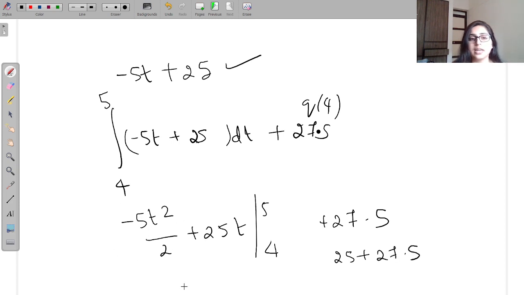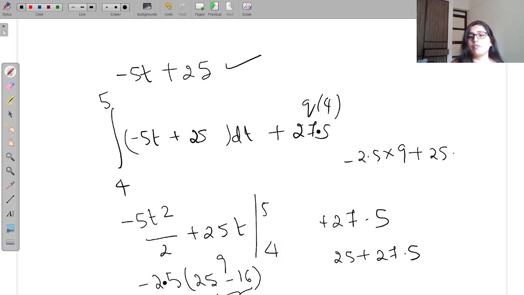What about this? It is minus 2.5 times 25 minus 16, that is 9. Minus 2.5 into 9 plus 25 plus 27.5. So you have to substitute this and you will be getting the value.